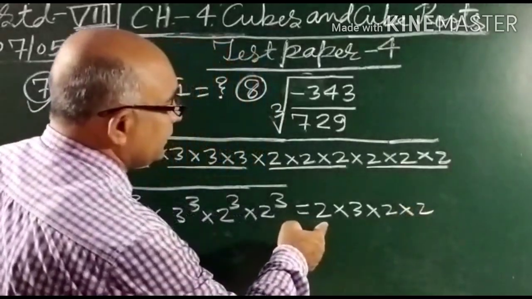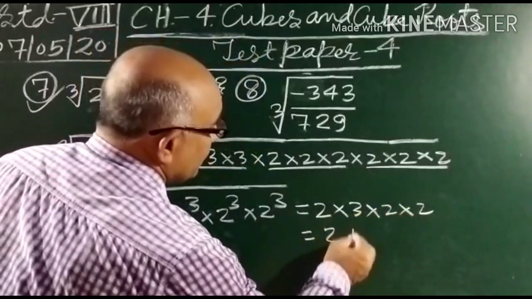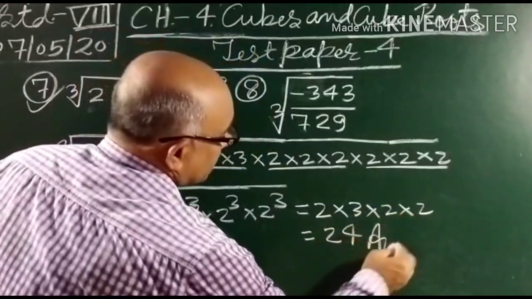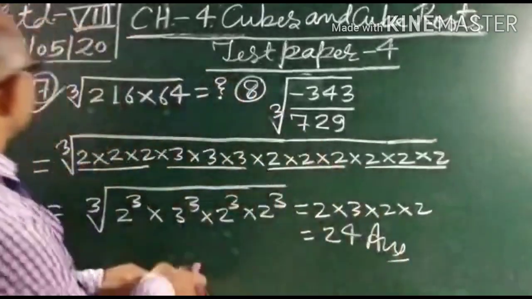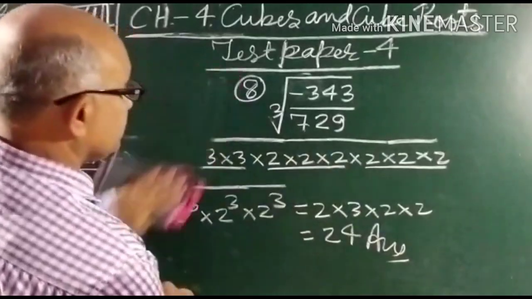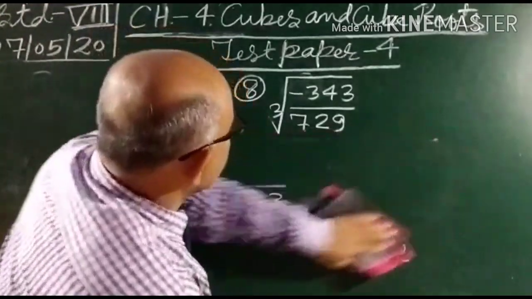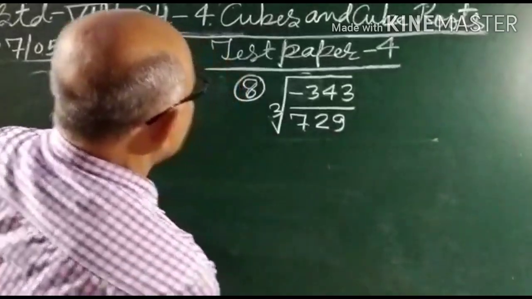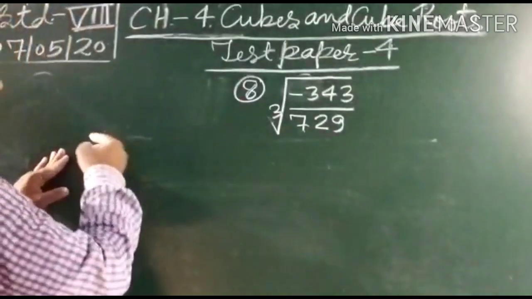Now multiply it: 2 3s are 6, 6 4s are 24... answer. Now question number 7 is solved. So clean it.